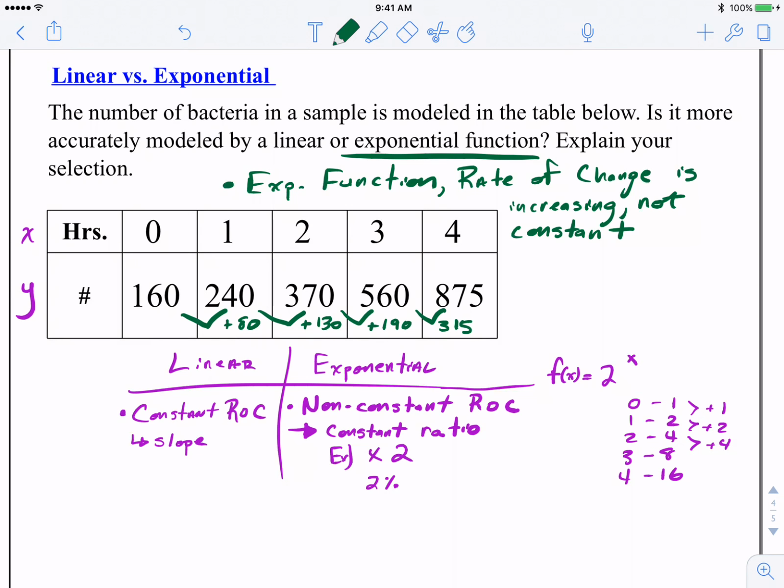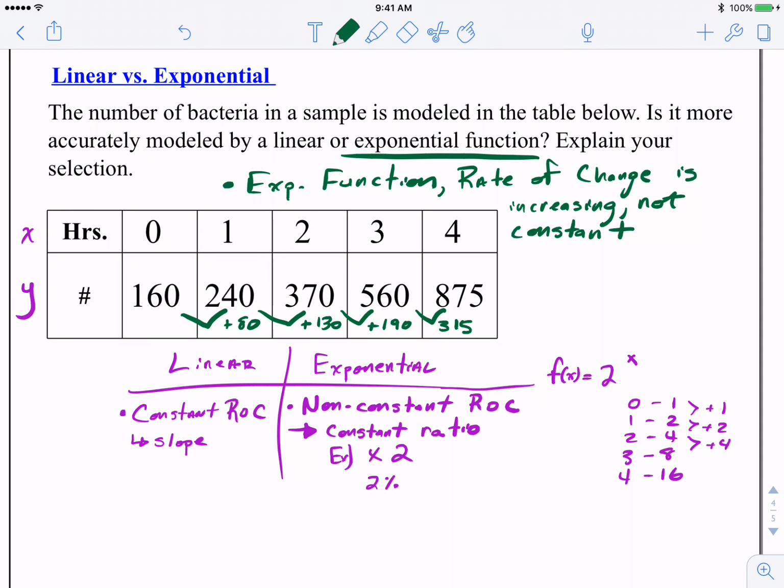If we were to graph this or think of a graphic representation, a line would just continue on, whereas this might skyrocket up. By 5, 6 hours we're already in the thousands, whereas a line would be growing more slowly. So anything like that would justify your choice here.